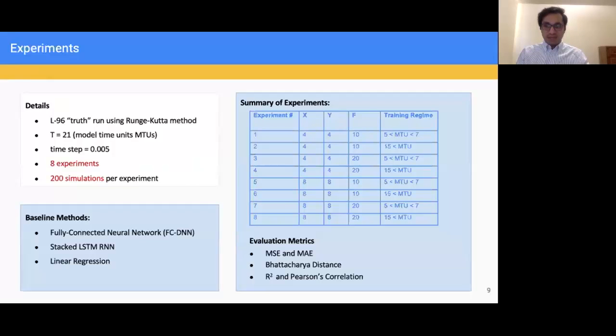For each experiment, we vary the number of variables x and y, external forcing, and the temporal regime from where the training data is generated. The main difference between the experiments is that a higher forcing causes more chaotic behavior in L96, while the two training regimes allow us to evaluate Gaussian processes under different levels of nonlinearity.